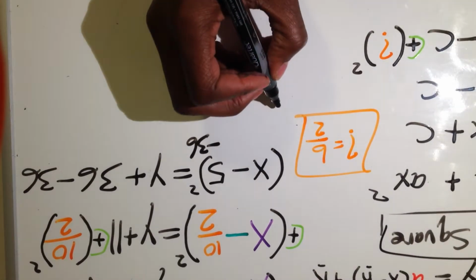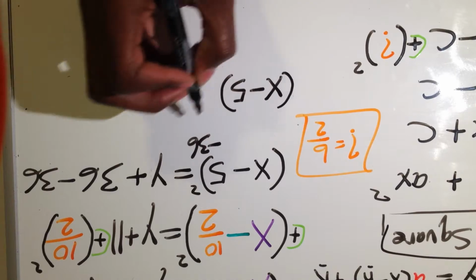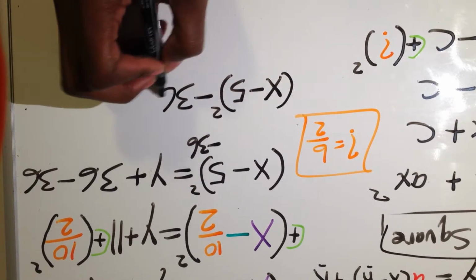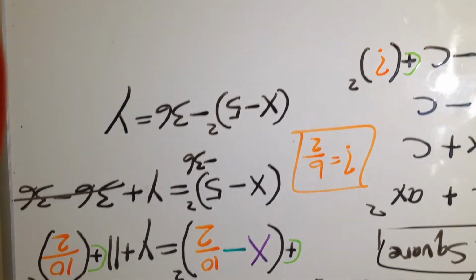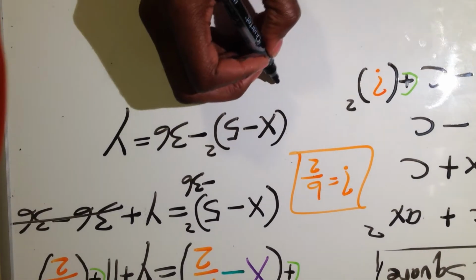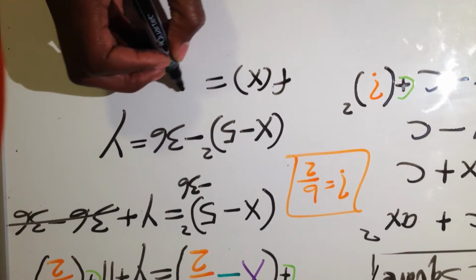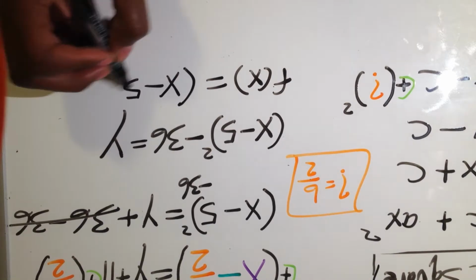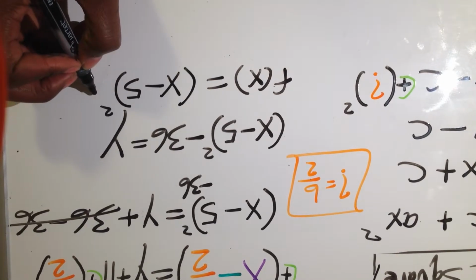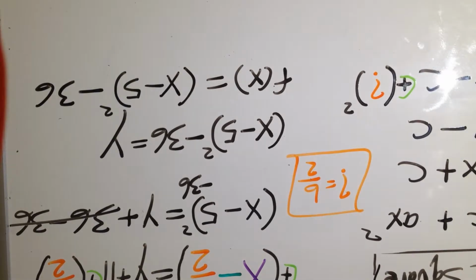And we're going to come out with this: (x minus 5) squared minus 36 equals, it crosses out, y. Originally, we're going to put back our f of x and put it back in this format here. f of x equals (x minus 5) squared minus 36.